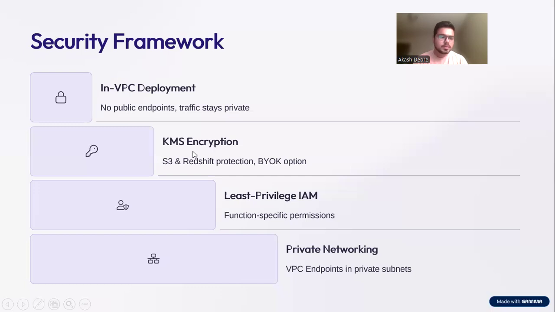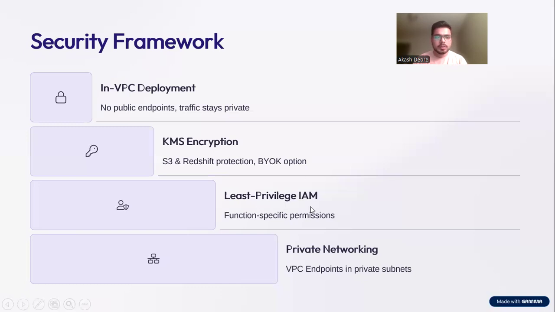Then second is KMS encryption, which is also one of the best practices AWS provides, where customer or AWS managed keys secure data in S3, Redshift, and DynamoDB. With this KMS encryption, we can secure our storage and other platforms.